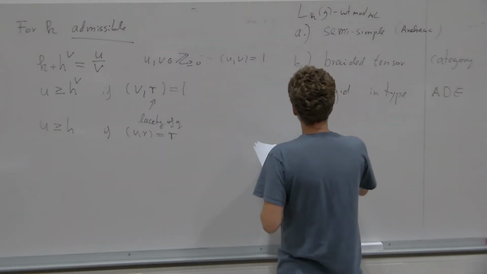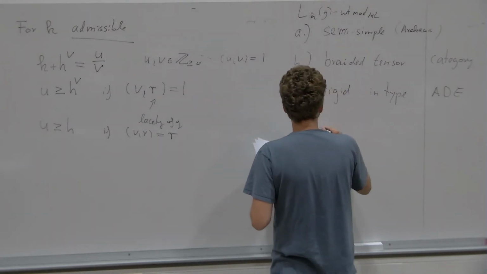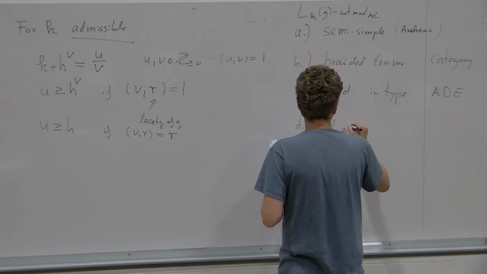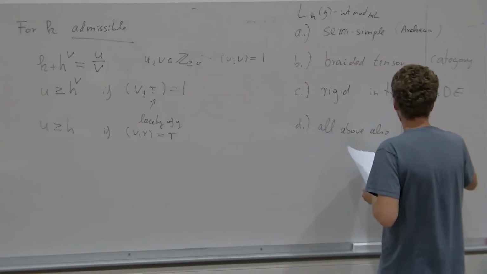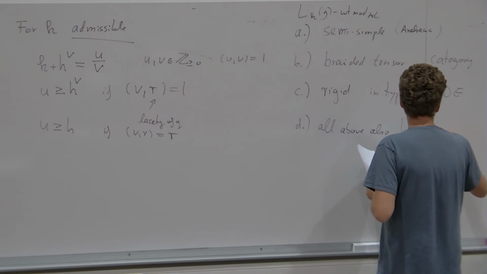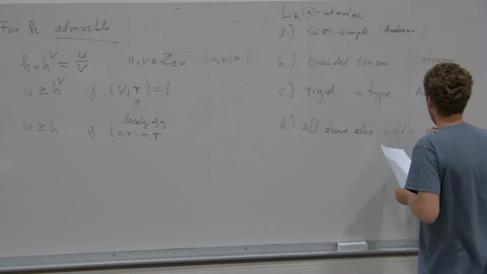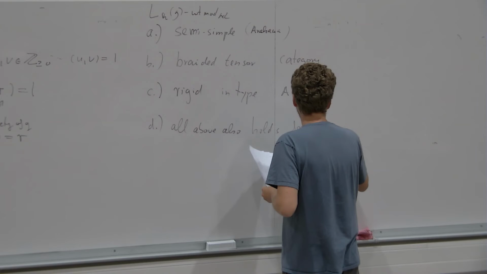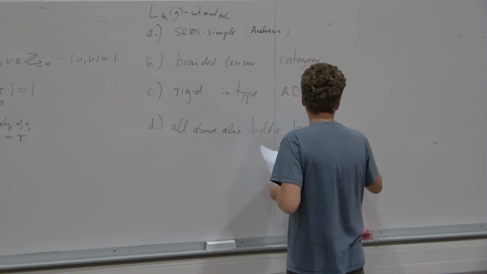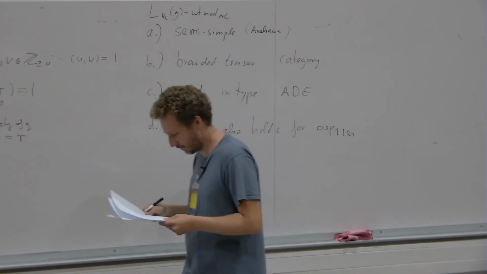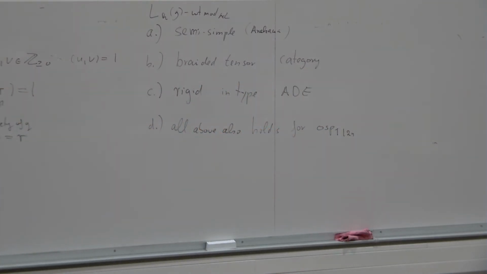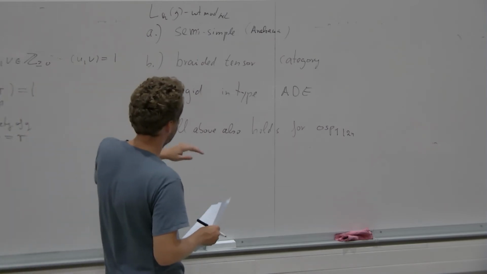And what is really nice is that all of the above also holds for a Lie superalgebra, namely for the Lie superalgebra osp(1|2n). So there's one single family of Lie superalgebras that behaves very much like a simple Lie algebra.